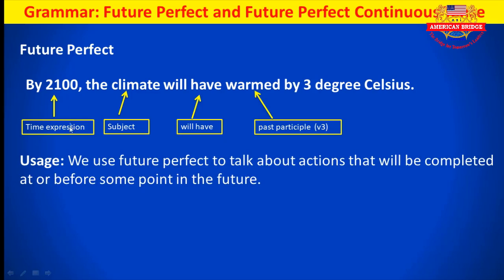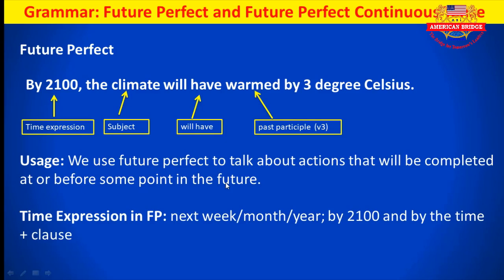Okay, the usage is that we use the future perfect to talk about an action that will be completed at or before some point in the future. And the time expressions of the future perfect are like next year, next month, next week, by 2100, or by with a time clause.